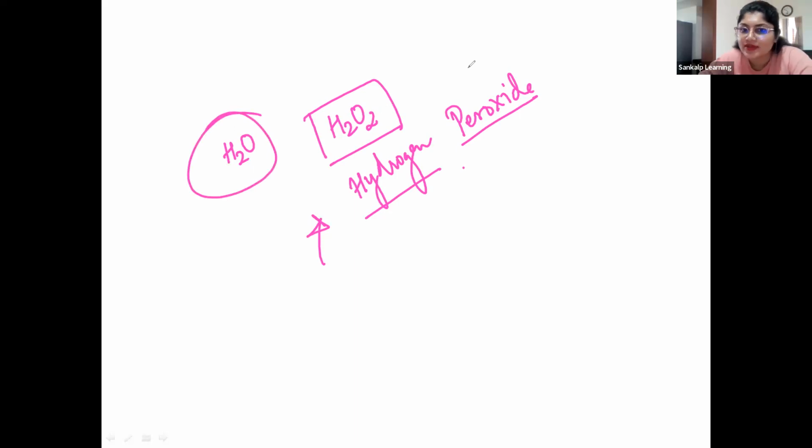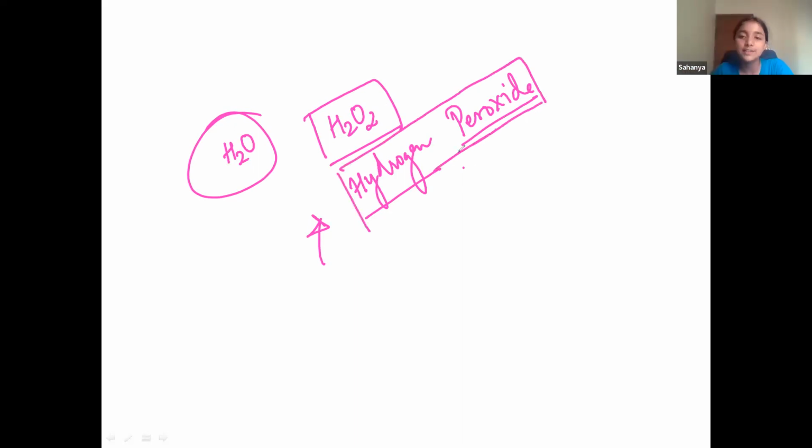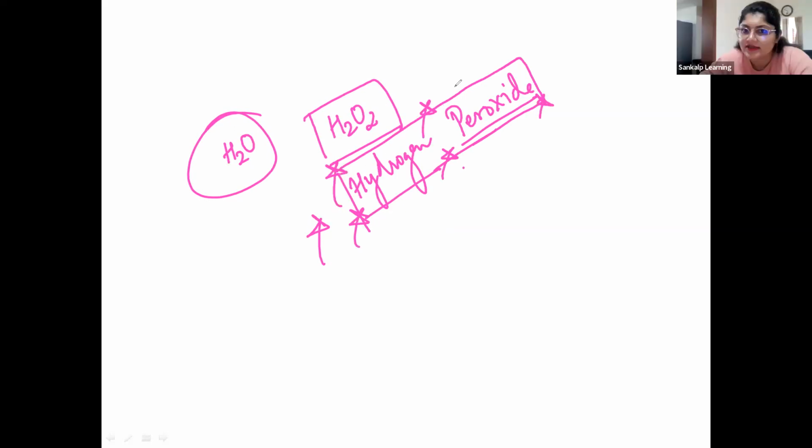My teacher used to say that if people taste it or drink it, it is poisonous. You cannot inhale it either, or you will get respiratory infections. So it is very poisonous.